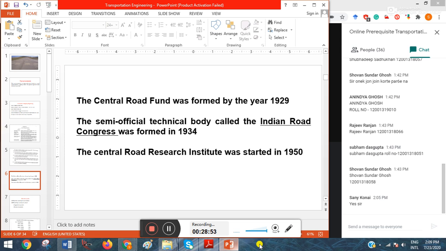The Motor Vehicle Act was revised in the year 1988, and after that, many things have been revised. But these are the beginnings of our road history.